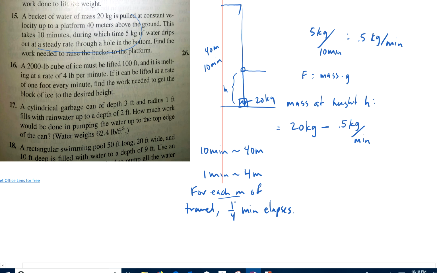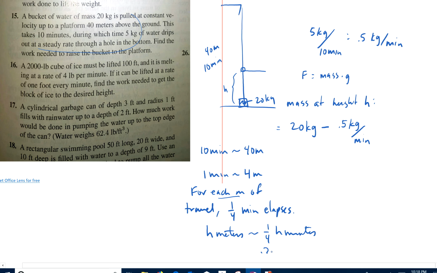So I know that for each meter, 1/4 of a minute travels. So if I have h meters, that's equivalent to 1/4 h minutes, right?